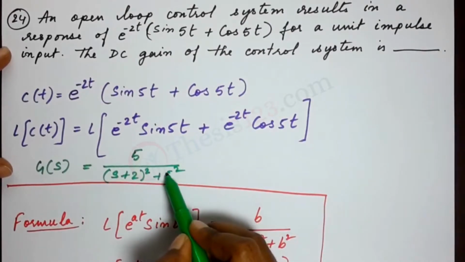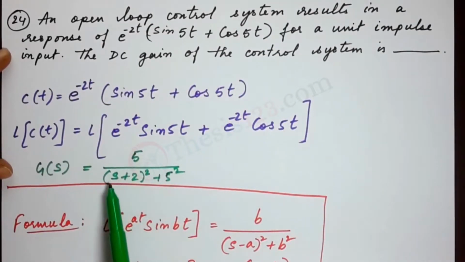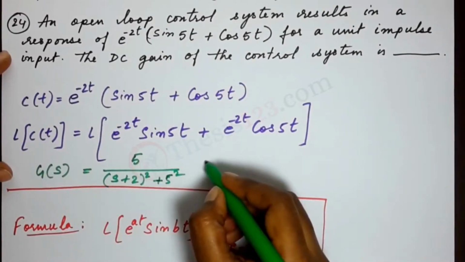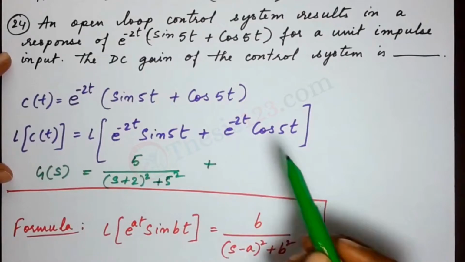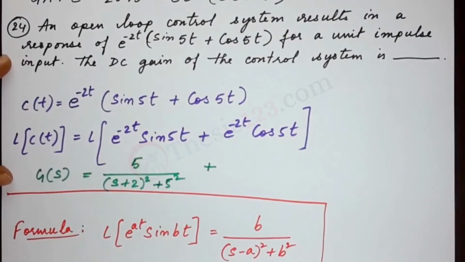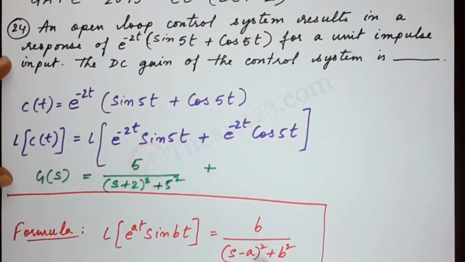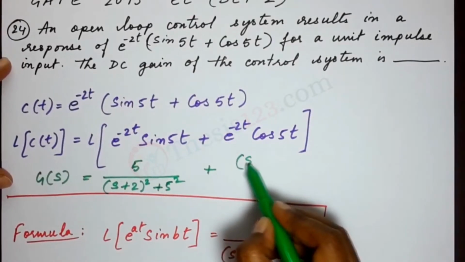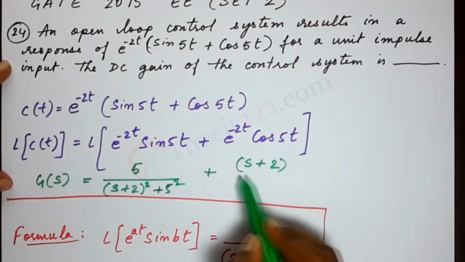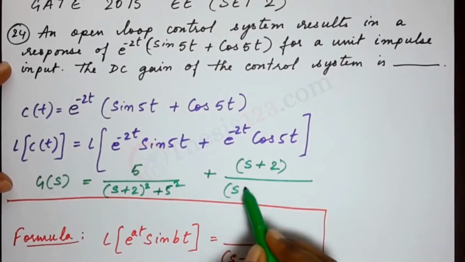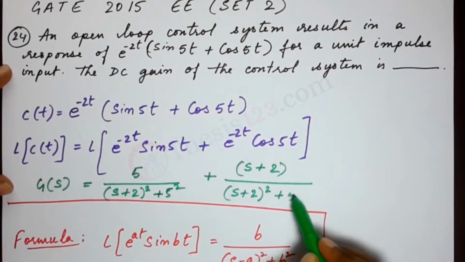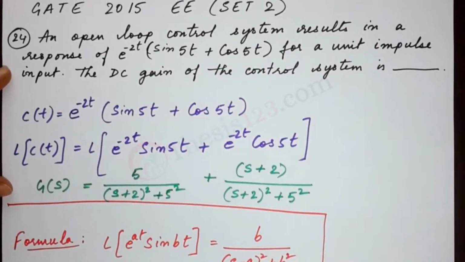I hope this is visible. Similarly, e power minus 2t cos 5t resembles this formula here. So we write this as (s plus 2) divided by (s plus 2) whole square plus 5 square.